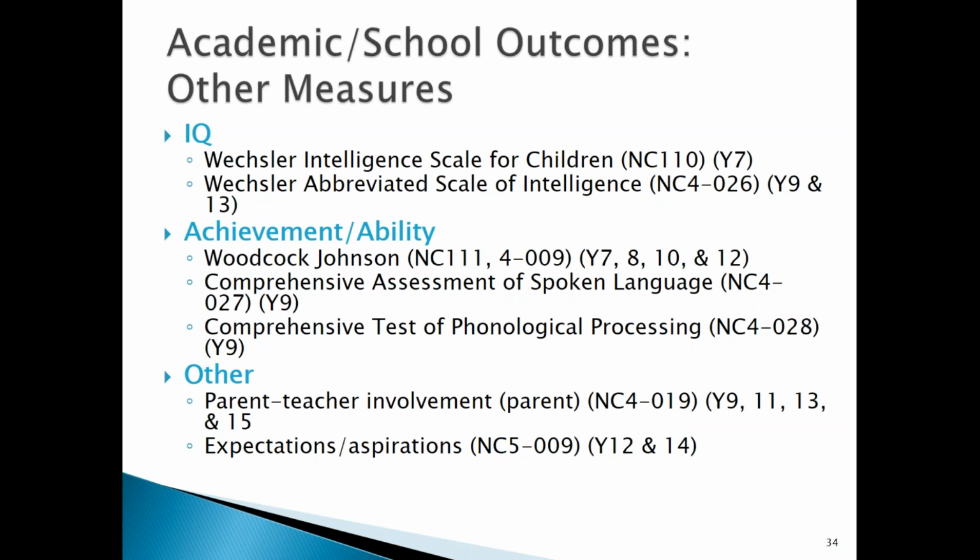And then there were a couple of other measures that really didn't fit into those categories, but I thought may be of interest. For example, earlier I mentioned we have a teacher measure of parent-teacher involvement, but in this case we also have a parent perception of that involvement. And there's also a questionnaire on expectations or aspirations for the child at years 12 and 14.